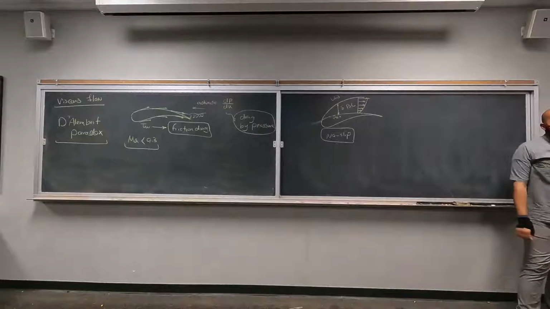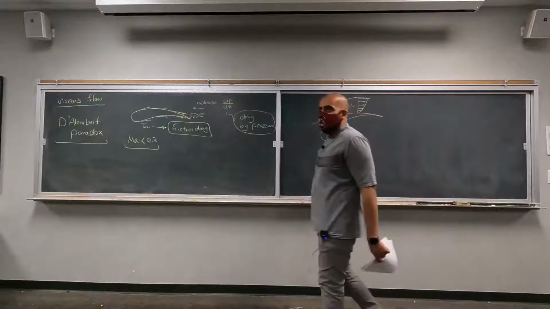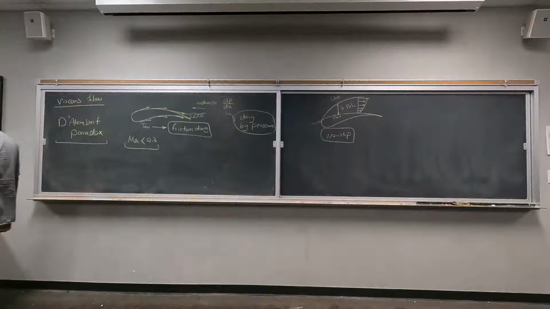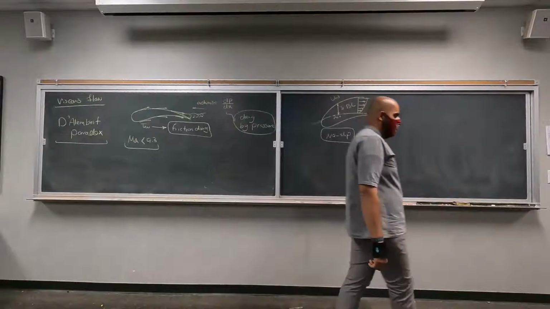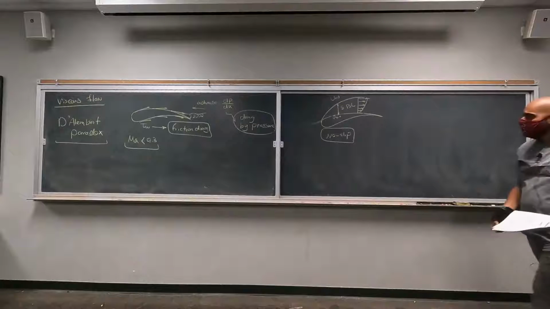So when you include the effects of viscosity, you are going to see the formation of boundary layers, right? And we have to analyze the boundary layers here to be able to calculate the friction drag.